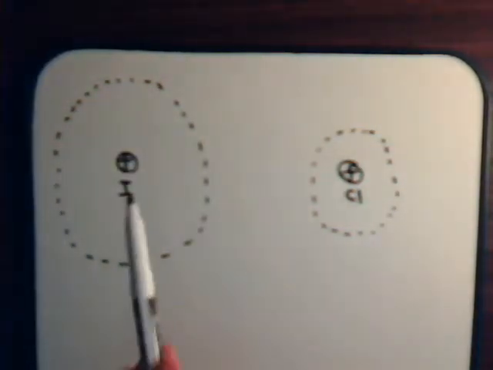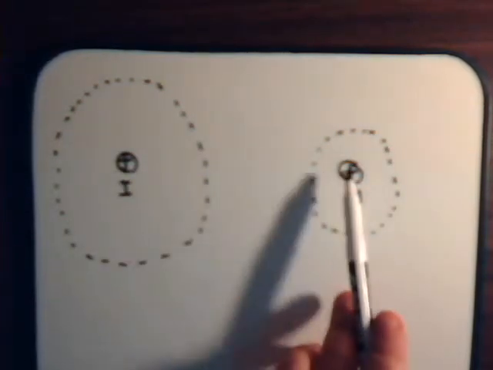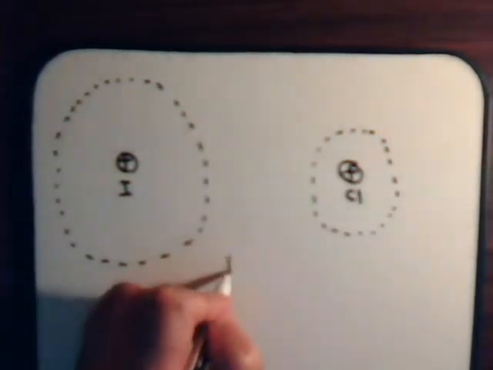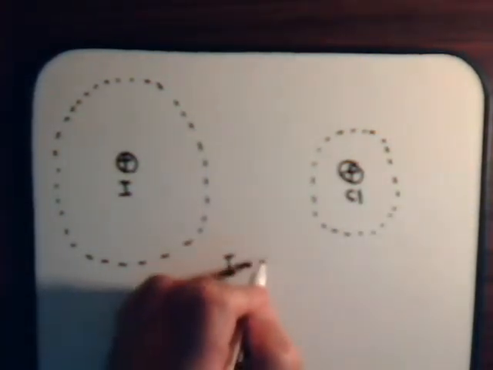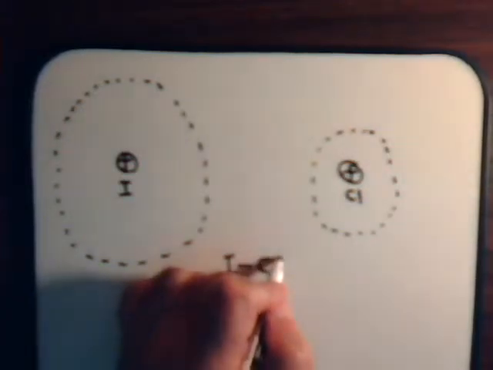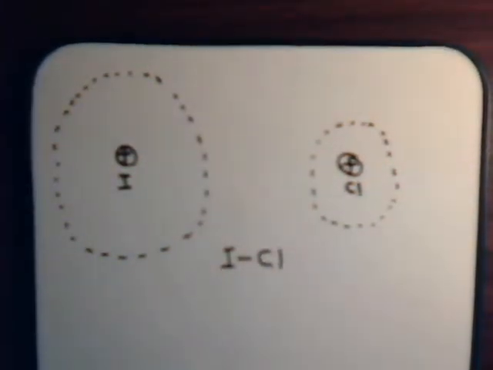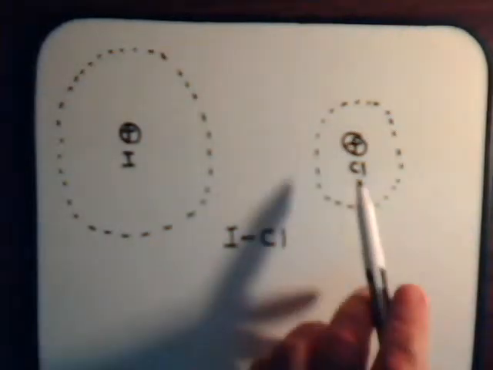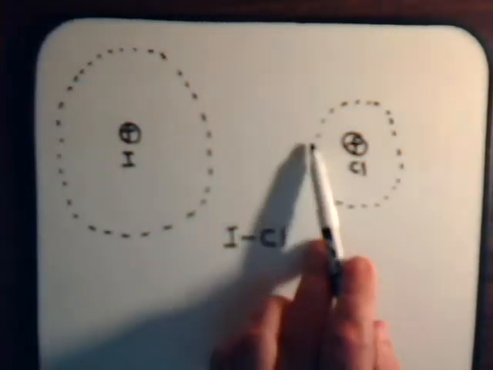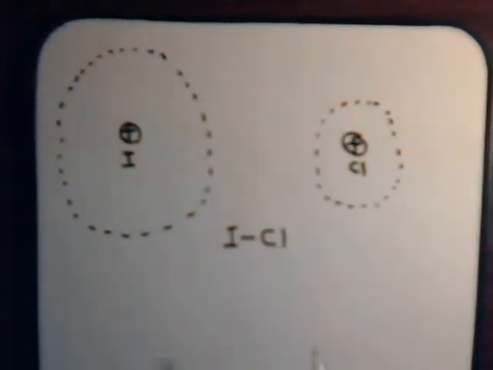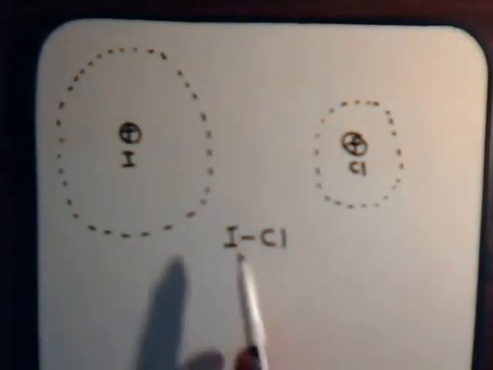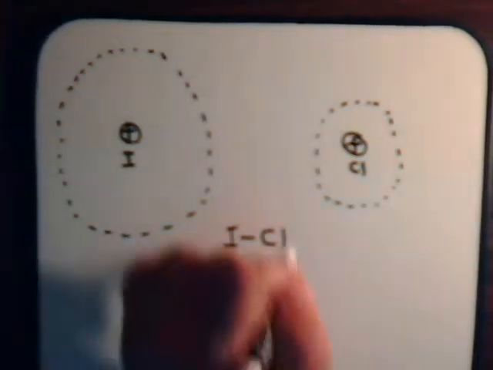So if iodine and chlorine form a molecule by overlapping their p orbitals, the electrons are going to be closer to chlorine, which has a stronger pull on them, the valence electrons that is, than for iodine.